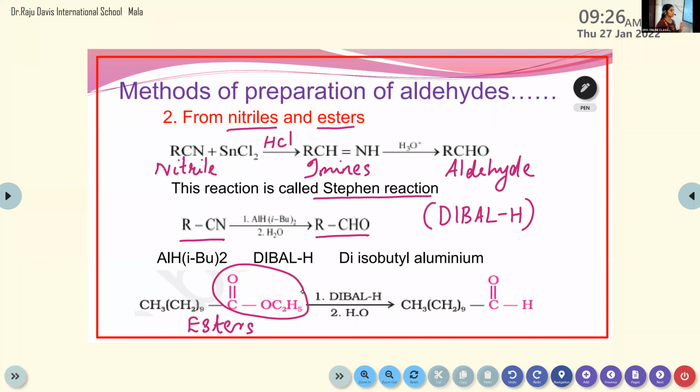The same product will be obtained. So these are the two methods of preparation of aldehyde from nitriles and esters. Is this clear? Yes or no? Yes, ma'am.